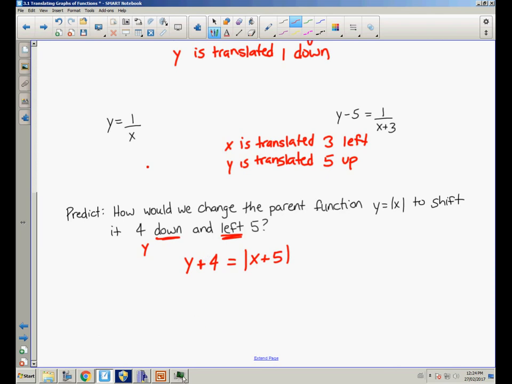So we'll do a check, we'll make sure that I was correct here. What we're going to graph is the parent function, y equals the absolute value of x. We're going to graph my translated function, y equals the absolute value of x plus 5, minus 4. And we'll see if this holds true.